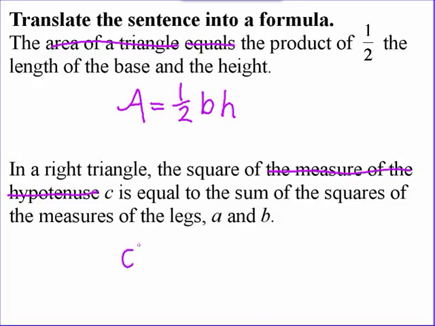C squared is equal to the sum of, and sum of means plus, the squares of the measures of the legs, A and B. So what would the squares of A and B be? A squared plus B squared.